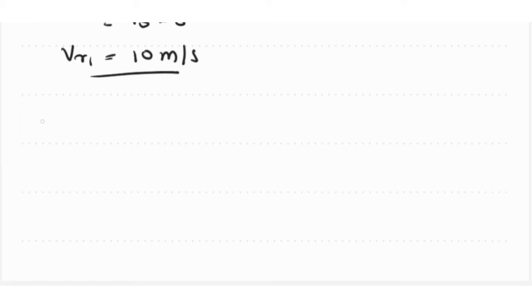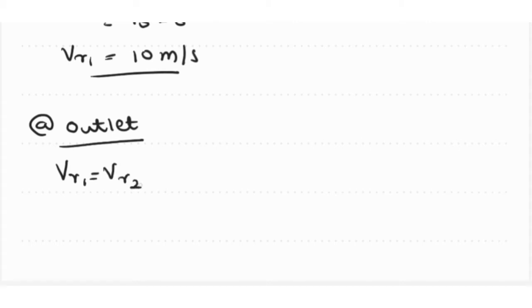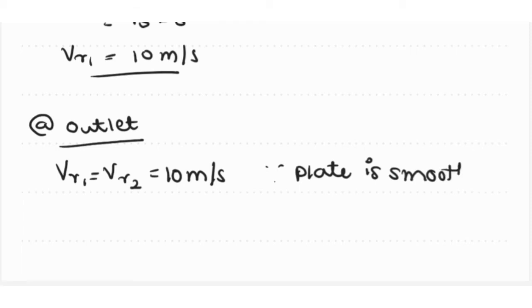So moving to the outlet, in the question they have given the vane is smooth. So in order to have the shift from inlet triangle to the outlet triangle, VR1 is equal to VR2, that is equal to 10 meter per second, since plate is smooth.